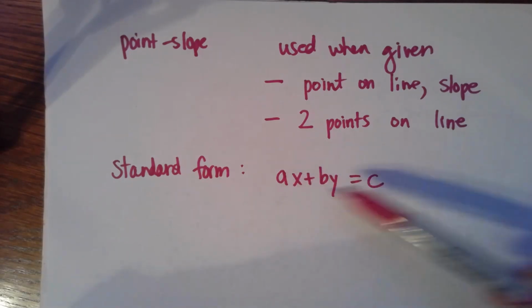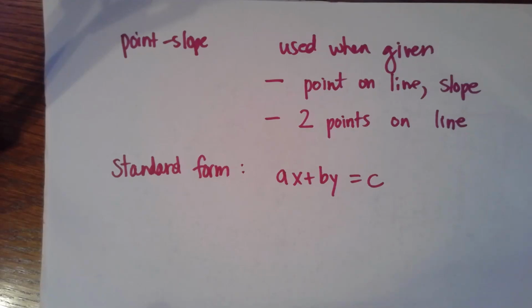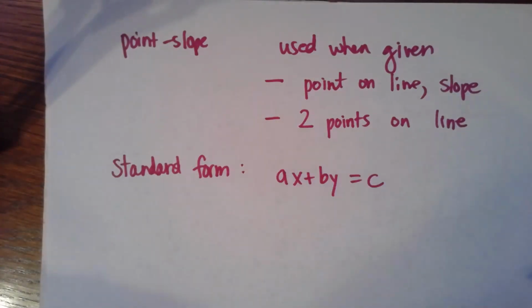We often write it this way and then transform it into some other form so that it's easier for graphing or figuring out what the slope and the y-intercept is, or a point on the line, etc. Okay, because this form is not convenient for telling us things like points on the line or the slope of a line.